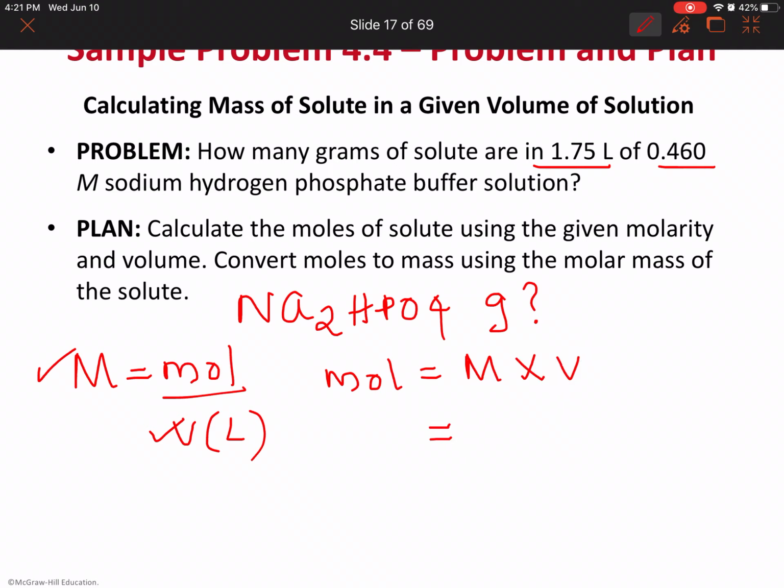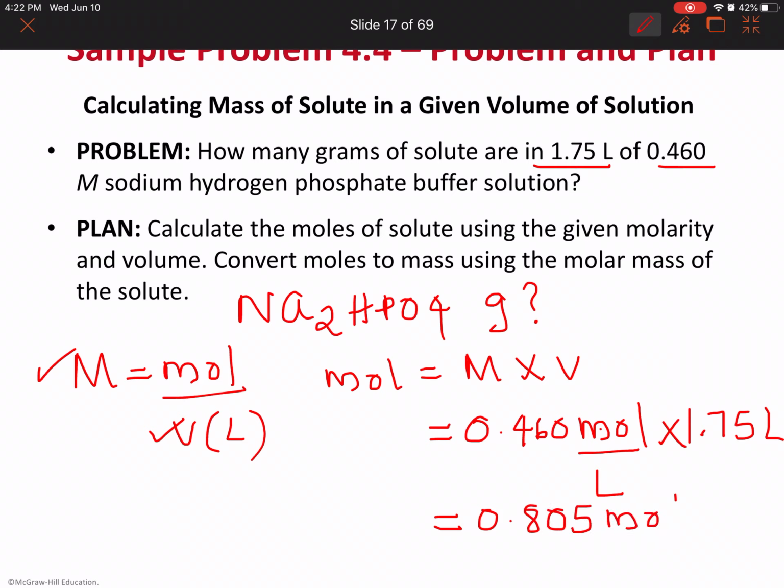So the molarity is given to us as 0.460, and the units for the molarity is moles per liter, and the volume is given as 1.75 liters. So you multiply molarity times the volume. That will give you the number of moles.